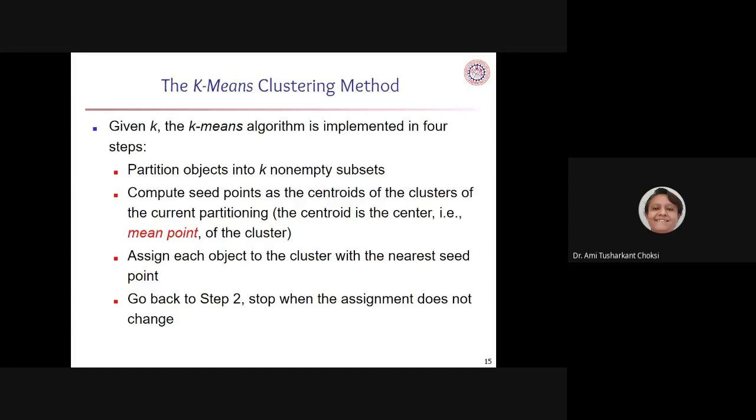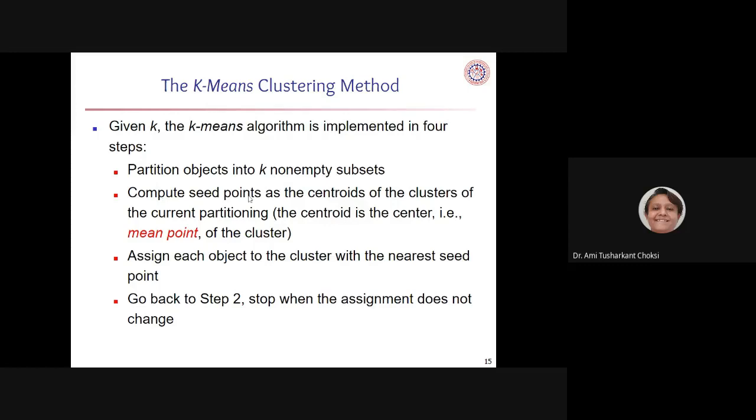Now, the K-means clustering algorithm we have studied, even with a numerical example. Just a recall, the K-means algorithm is implemented in 4 steps. First, partition objects into K non-empty subsets.